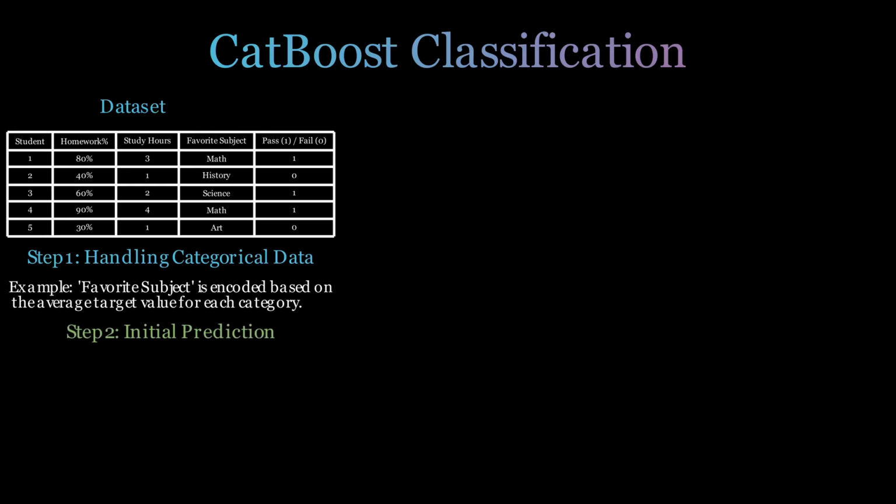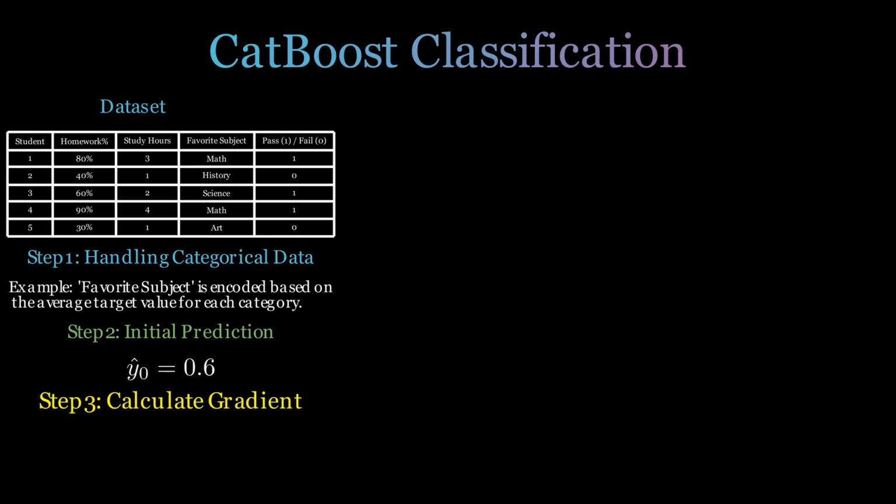We start with an initial prediction. Since we don't know much about the students yet, we assume everyone has a 60% chance of passing. Next, we calculate the gradient, which tells us how much we should adjust our prediction to reduce the mistake.